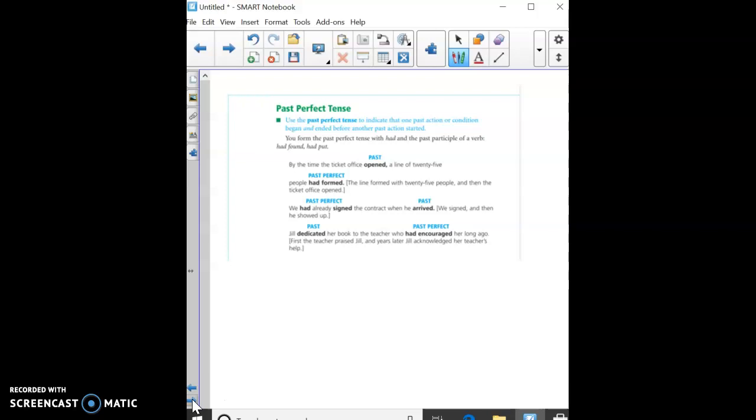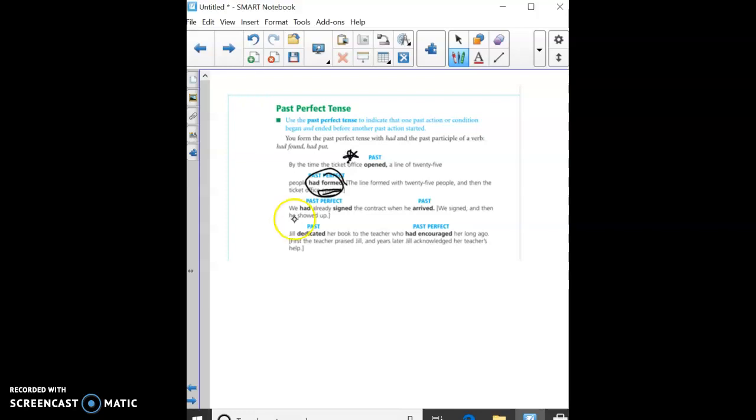If we look at this first sentence, by the time the ticket office opened, a line of 25 people had formed. Notice that getting to the had formed is dependent on this other action, by the time the ticket office opened, right?